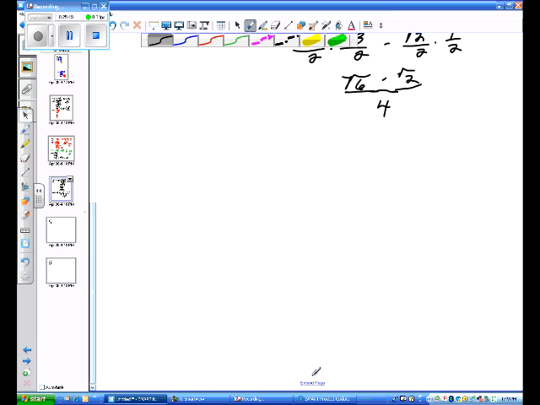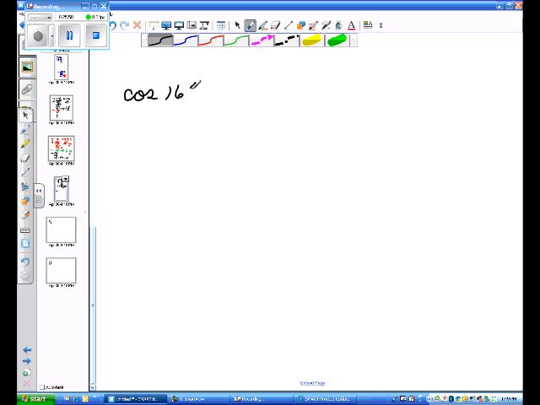another value. Let's say we want to find the cosine of 165. Now, to know what angle we might use, we're going to take 165 and multiply it by 2. So it's half of 330.